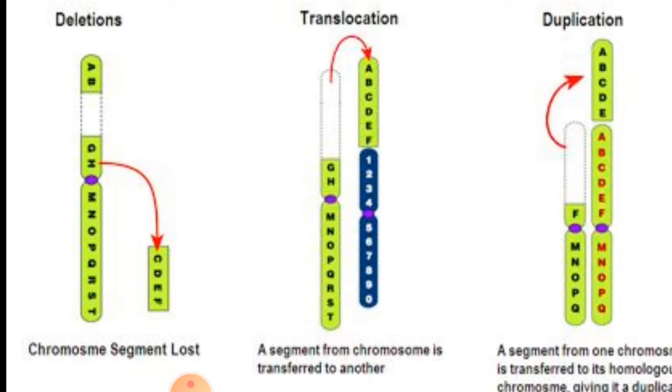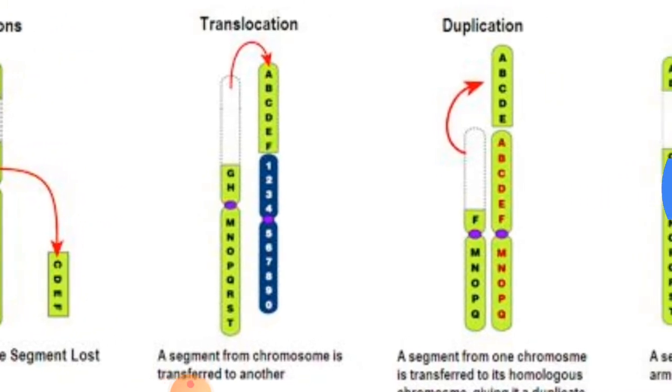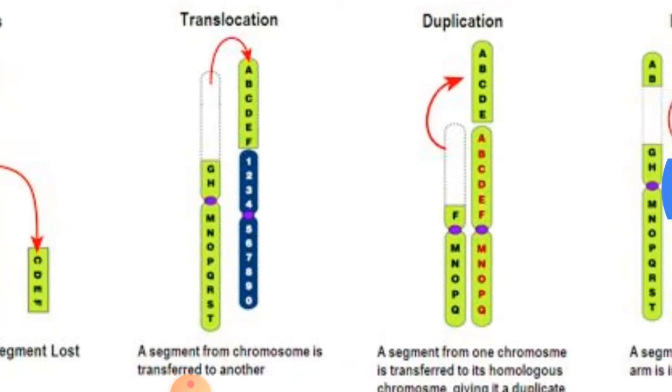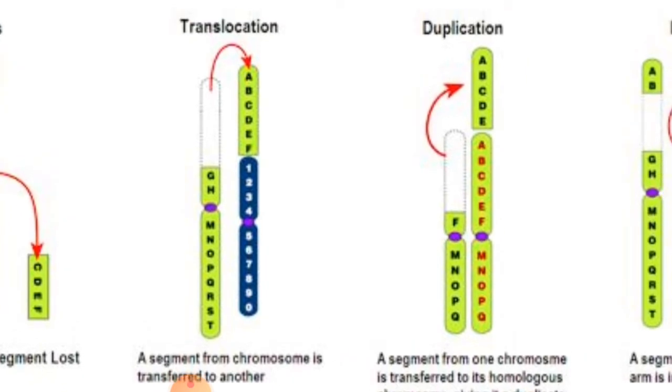Right? Now the next diagram on your screens is that of translocation. Now you see that a segment from a chromosome is transferred to the other one, that is translocation. This means a segment of a chromosome breaks off and joins a non-homologous chromosome.